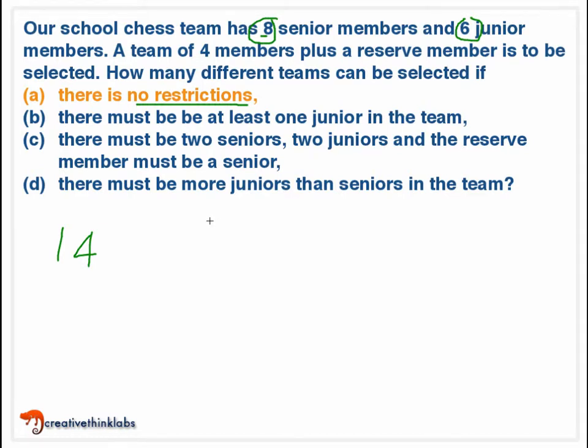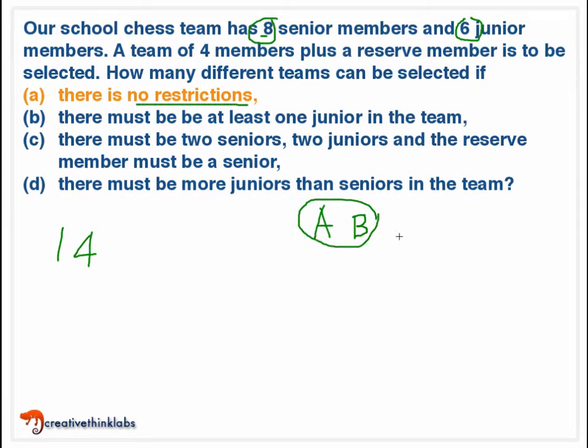Again, the first question we want to ask ourselves is: is this a permutation or a combination? Clearly this is a combination problem because I am not interested in the order. If I were to choose 2 people for the team, let's say person A and person B, it doesn't matter if I choose A first or B first, because it's still the same 2 people in the team.